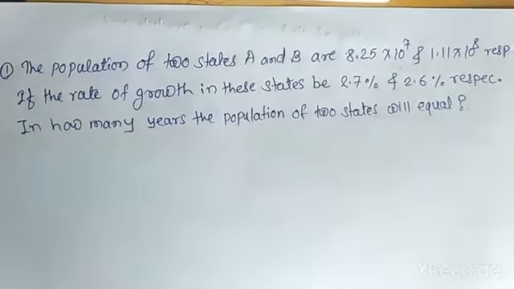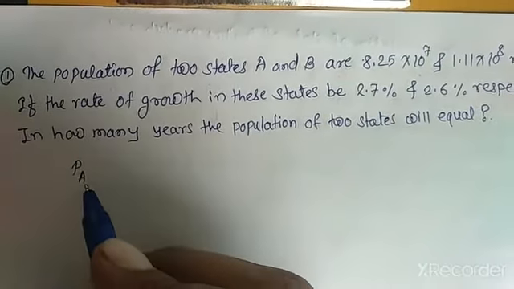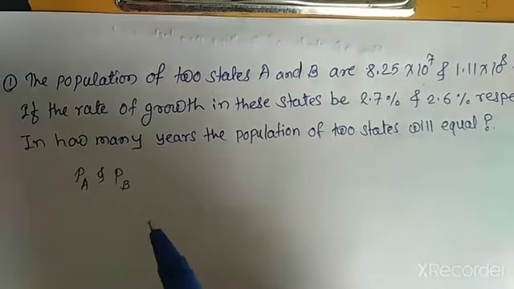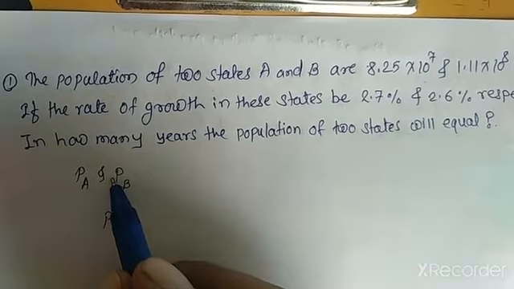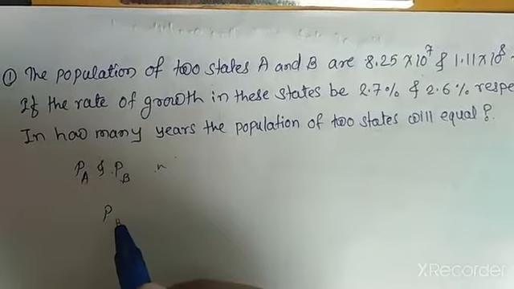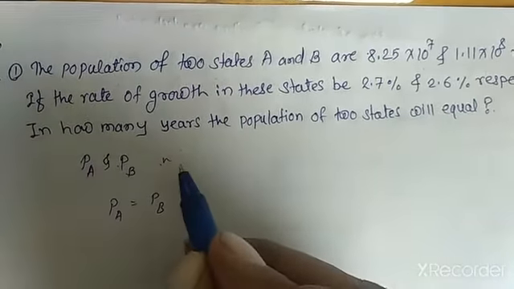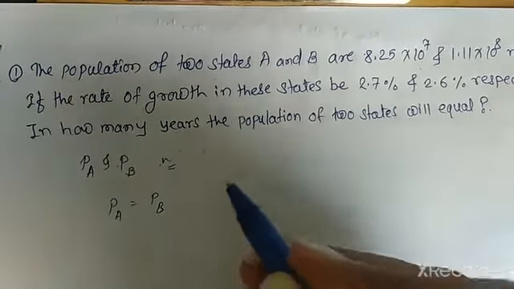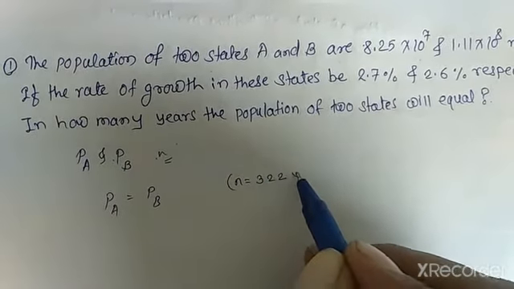For this example, first find the population of A, P to the base A, and P to the base B. After that, consider those equations as equation 1 and 2 in terms of n, as the power of n. Then consider P of A is equal to P of B. After this calculation you will get the value of n. Please try to solve this example; the answer is n equals 322 years.